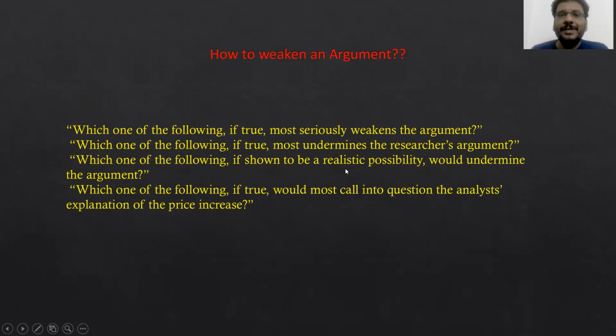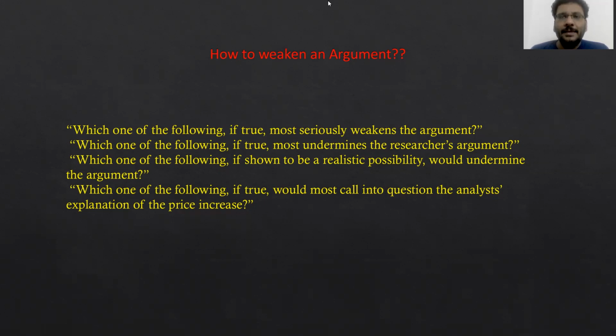So let's see how GMAT tests you on weakeners. These are some of the typical ways by which GMAT frames question stems. For example, which one of the following, if true, more seriously weakens the argument?